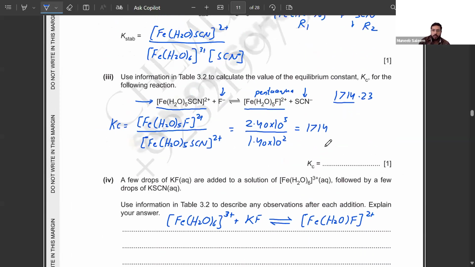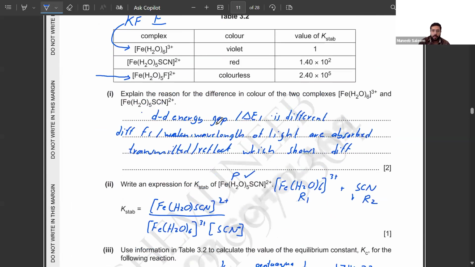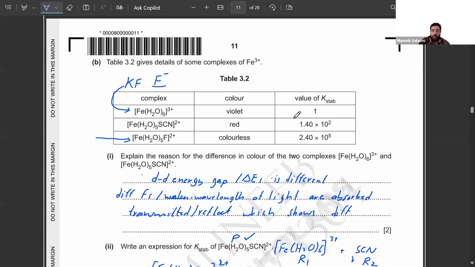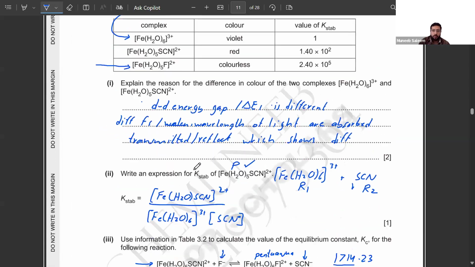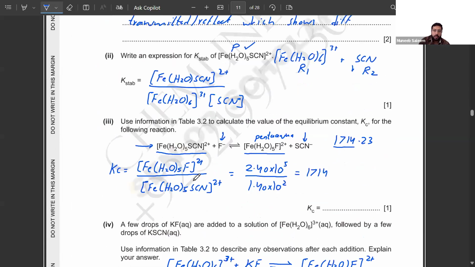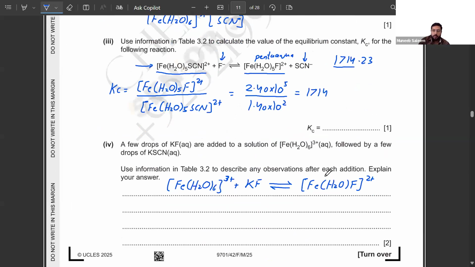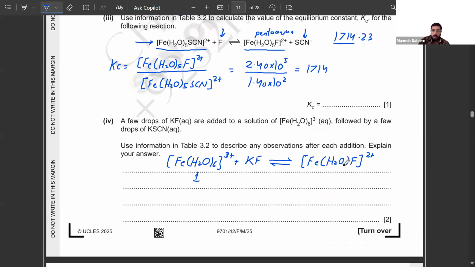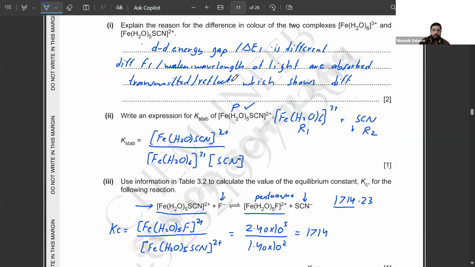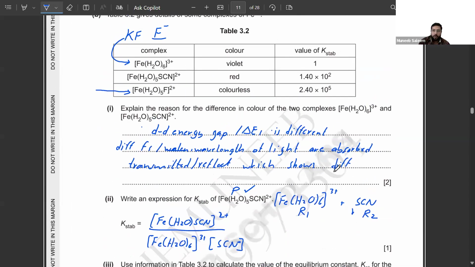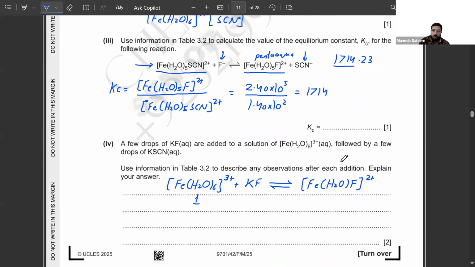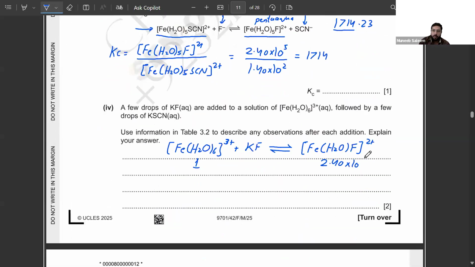Now we should know the K stepwise value for this complex is 1. It is 1 here. And the K stepwise value of this complex is basically 2.40 into 10 to the power 5.